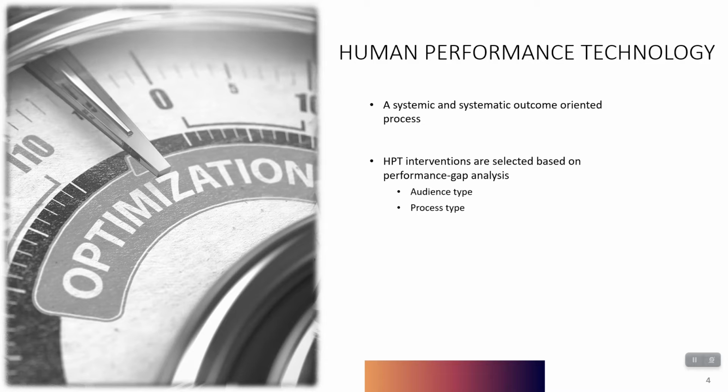HPT takes a holistic view of performance where analyses are completed in order to improve performance. To address the causes of human performance issues or improve performance, HPT interventions are to be selected by performance technologists, PTs, based on performance gap analysis.